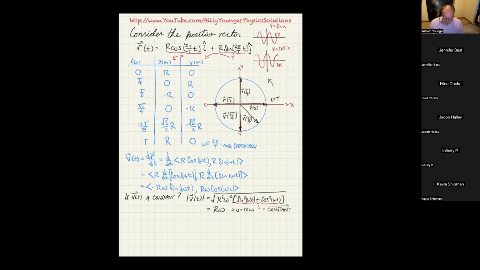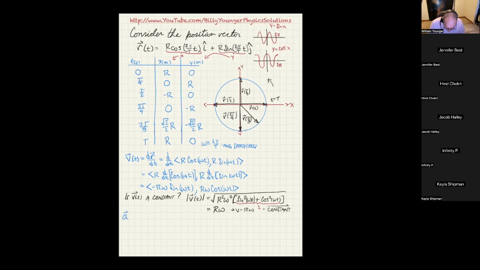So what we have discovered is, not only is this r of t that I gave you the position vector for an object going in a circle, it's obviously the position vector for an object going in a circle with a constant velocity v. So now what I want you to do is calculate the acceleration.